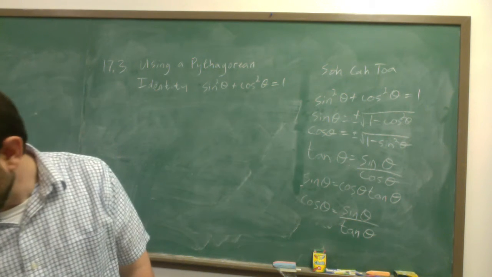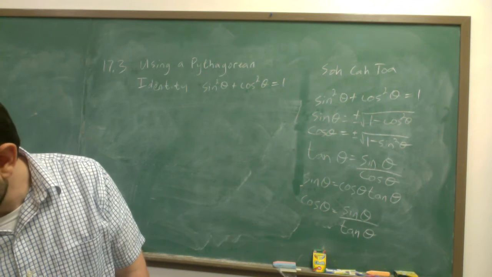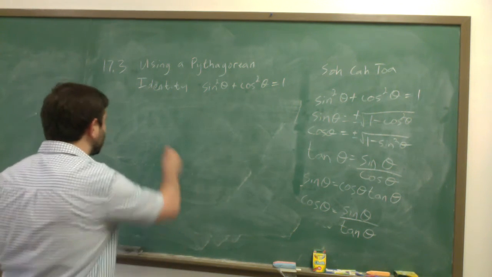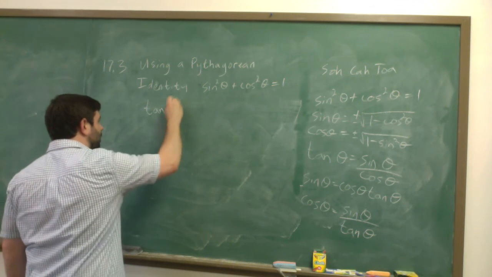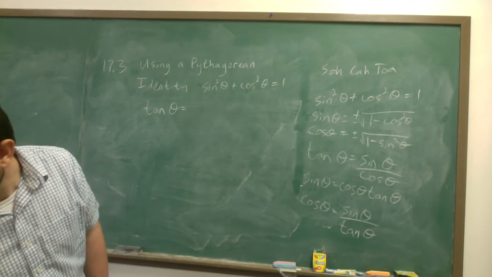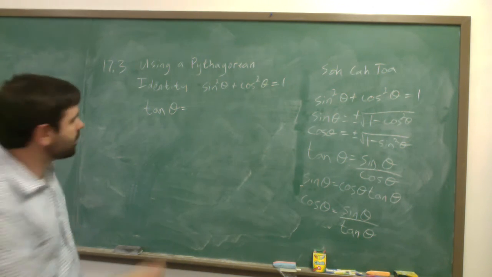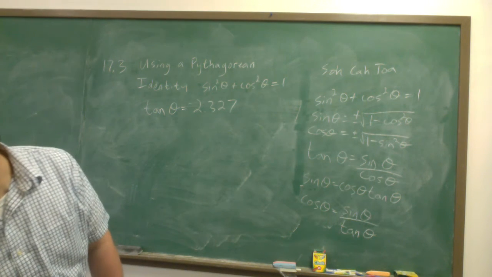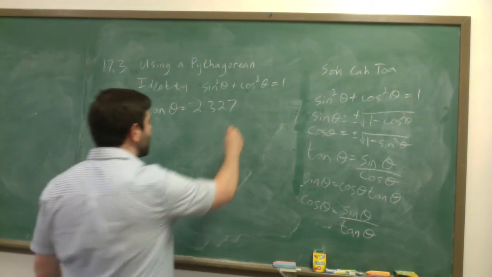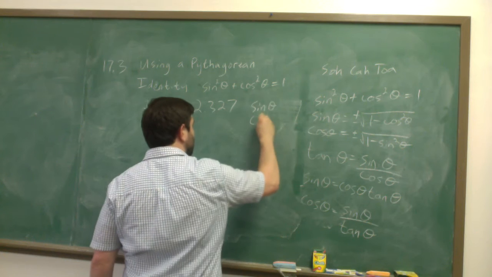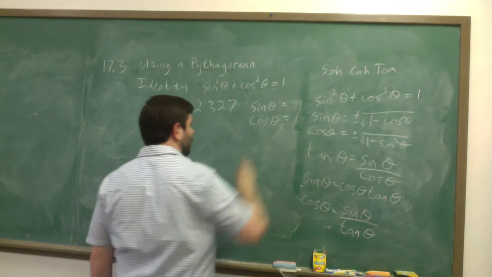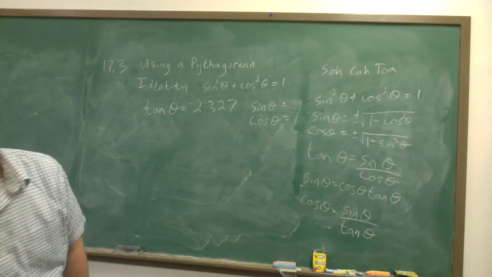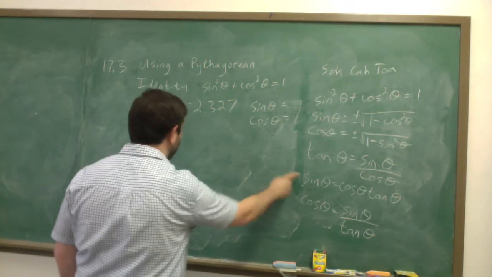Okay, so we're going to be using these, and we are going to figure out, if tan theta equals negative 2.327, we are asked to find sine theta and cosine of theta. Alright, so let's take a look how they do this. We're going to use our sine identity, this one here.